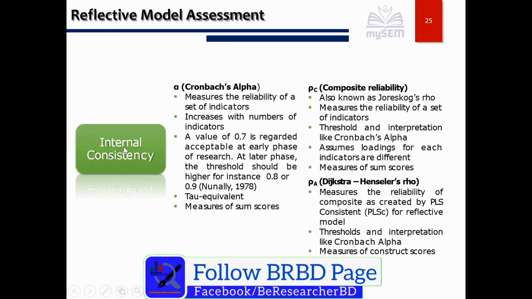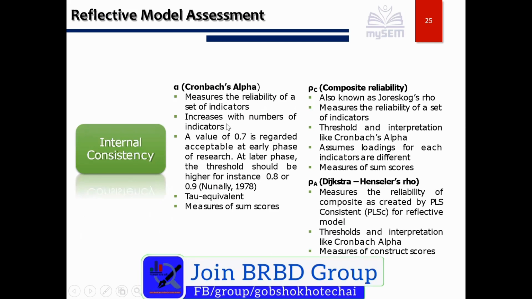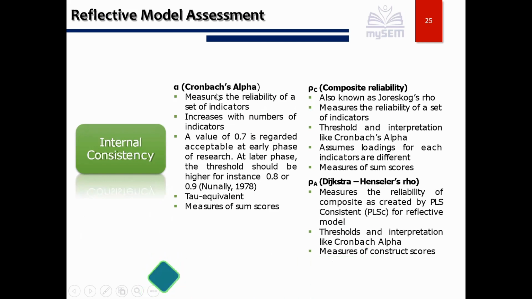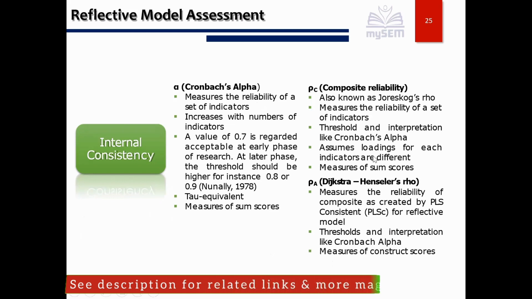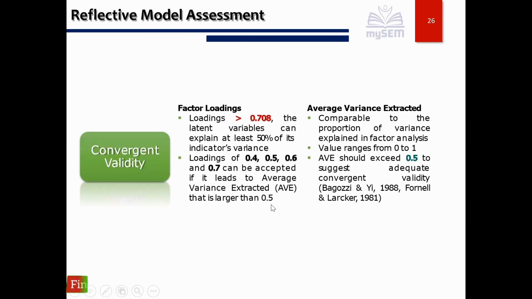Again in detail, internal consistency: Cronbach's alpha, no need to discuss, because in structural equation modeling we don't consider Cronbach's alpha and no need to report it, though the value will come in the software. We will consider only the composite reliability, the CR value, and it should be 0.7 and above.